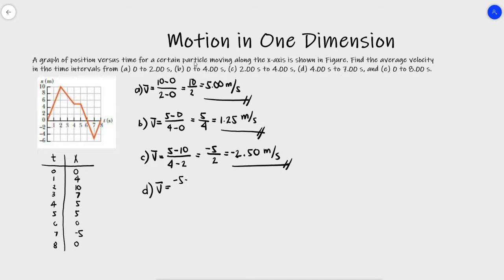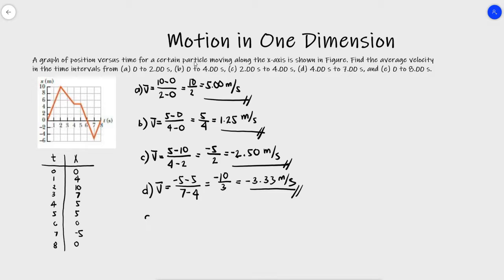Therefore this is negative 5 minus 5 all over 7 minus 4. Therefore, this is equal to negative 10 over 3, or negative 3.33 meters per second.